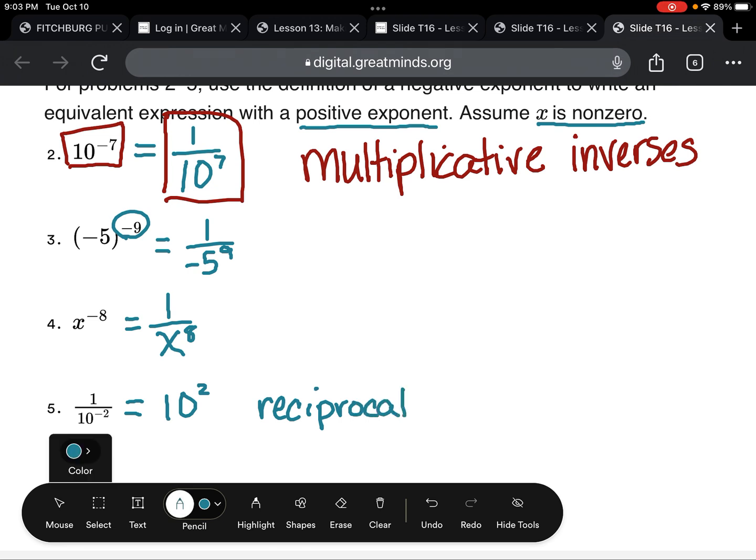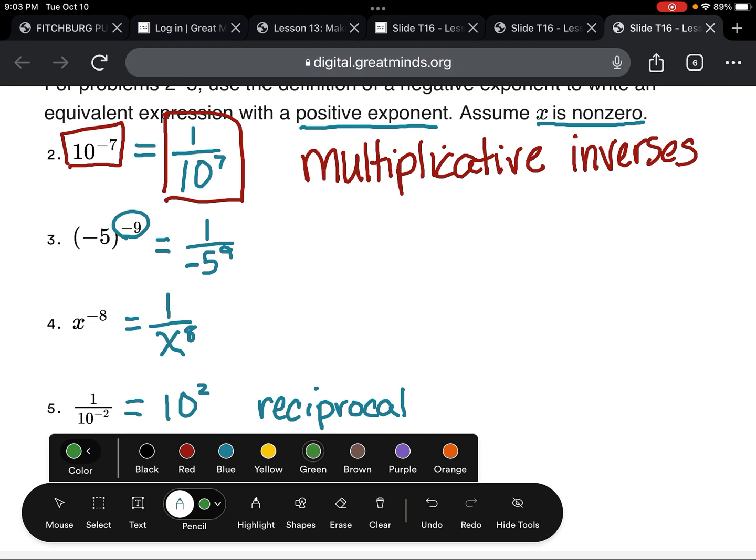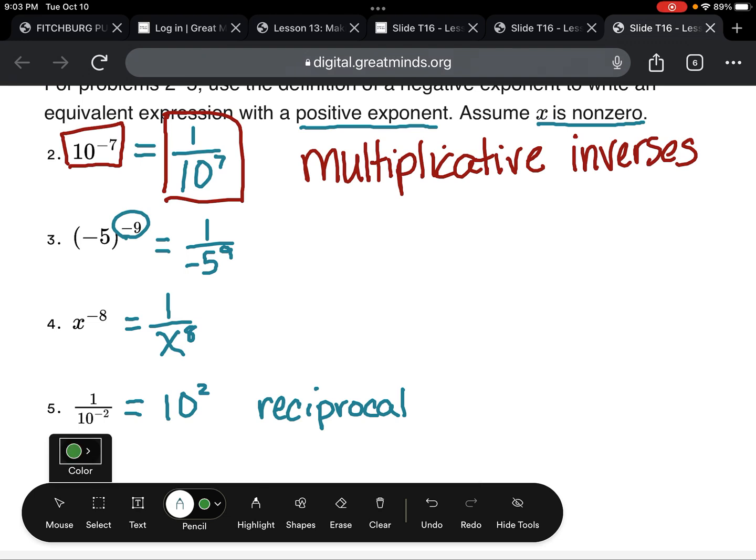Sorry, this is weird. I'm trying to change the color here. Now I forgot how to do it. Change to green. So 10 over 2 is the reciprocal. It's really like it has an imaginary 1, right? So you can see how I just took this, flipped it, and now I have gone from a negative exponent to a positive exponent.